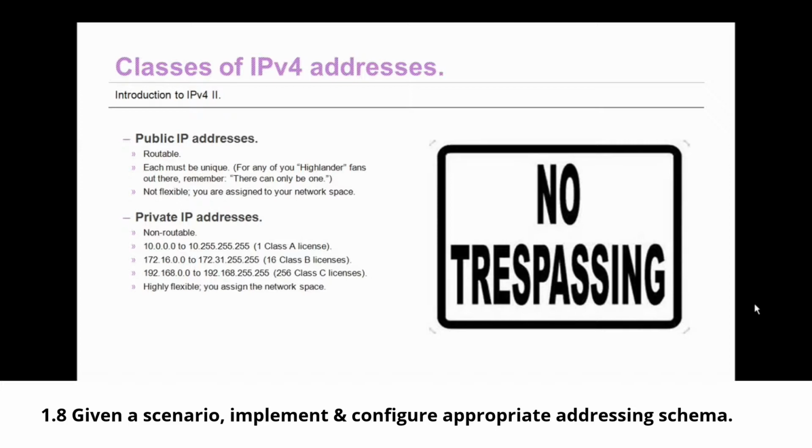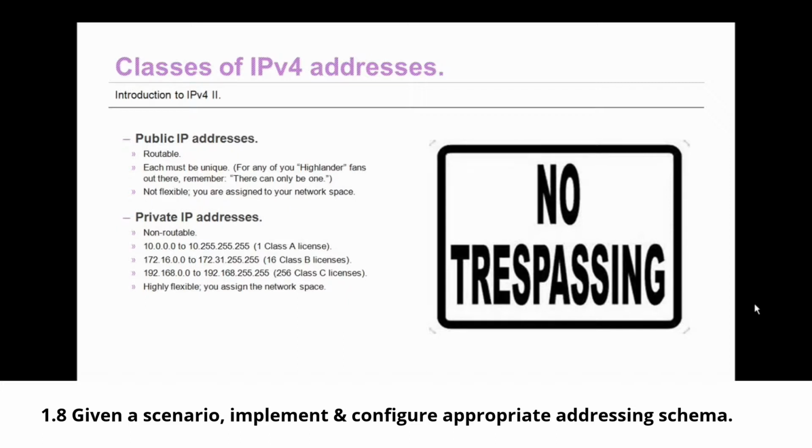The first one that we're going to discuss is the Class A license. There is only one Class A license. You have a possible address range of 10.0.0.0 up through 10.255.255.255. Next up is the Class B license. There are 16 possible network addresses, not network and host, but just network addresses available in a Class B license. They have an address range of 172.16.0.0 up through 172.31.255.255.